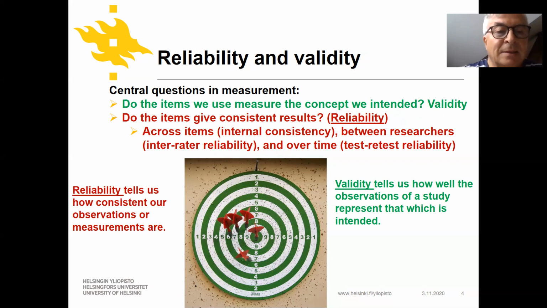And reliability tells us how consistent our observations and our measurements are. Validity, on the other hand, tells us how well the observations of the study represent that which is intended. So now we have here a picture of a dartboard, a Finnish version of it, oh well, Scandinavian version, I think. Anyway, not British. And the darts here are relatively well grouped.